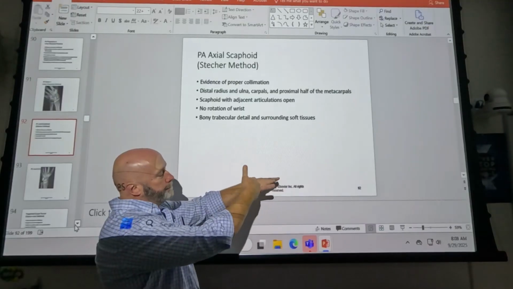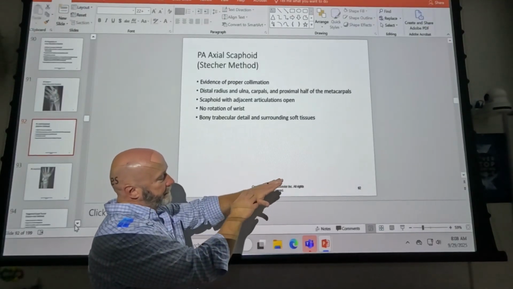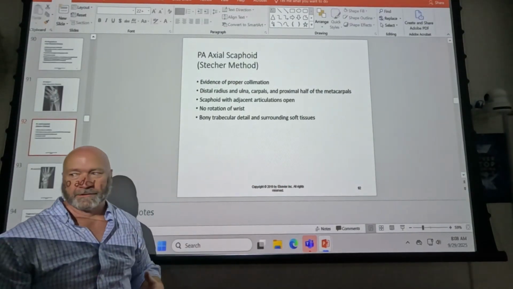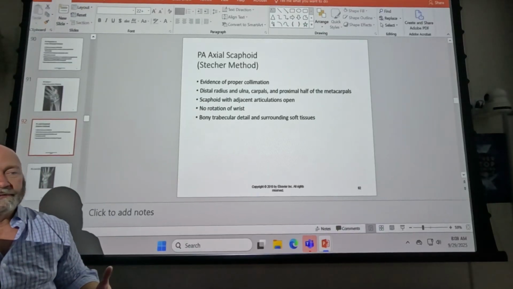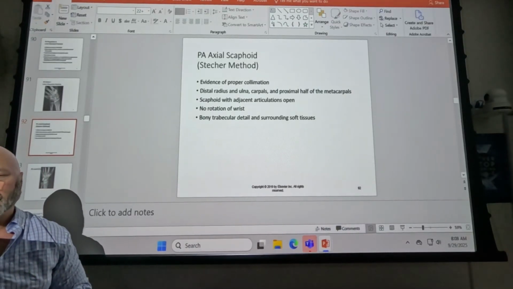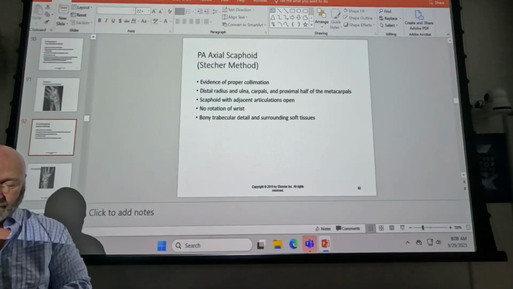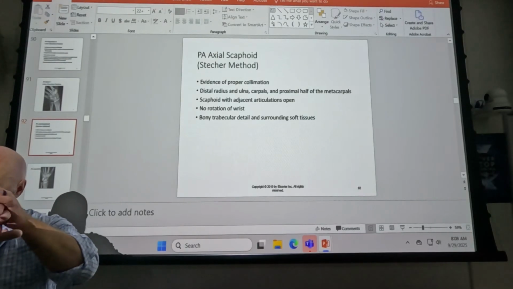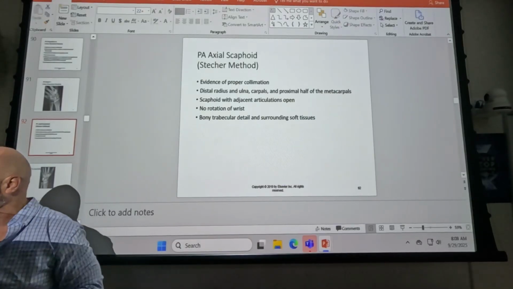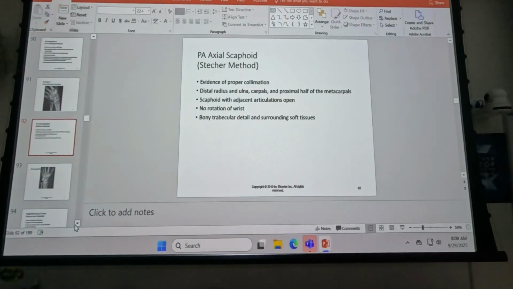Okay, so in both cases, if you look at the collimation in the textbook, the collimation seems to be a little excessive, right? You're looking at a bone that's about, I don't know, maybe the size of the last digit in your pinky finger, right? But the collimation says that you need 2.5 inches proximal and distal to the wrist and 1 inch on the sides.